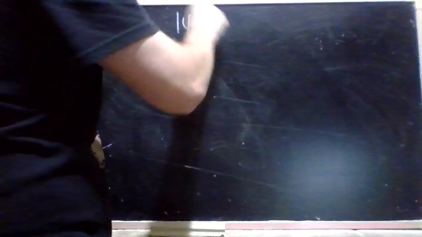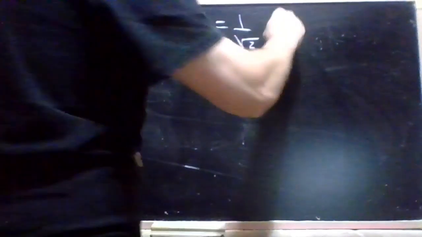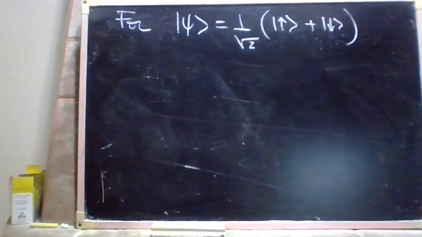So, as exercises, suppose psi is equal to 1/2 up state plus down state here. This is the state.